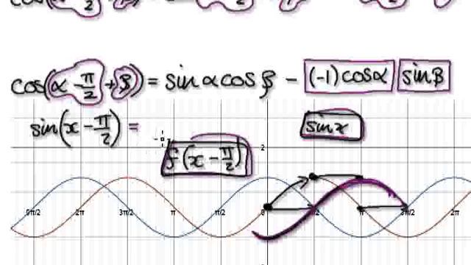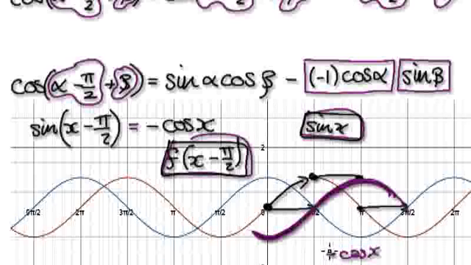So you can say that this thing here is equal to negative cos of x, because the purple line is the negative version of the blue line. The blue line is cos of x. If you stick a negative in front of cos of x, it will be the same as the purple line.